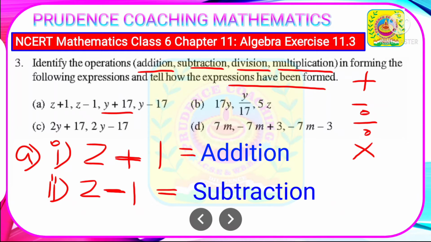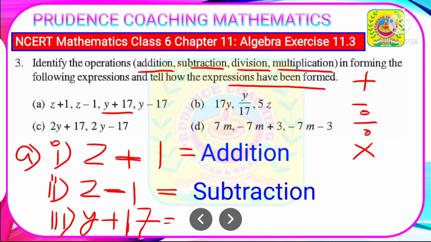Next one, y plus 17. So number 3 is y plus 17. Now tell me which operator is being used here. Here variable y is there and the number or constant 17 is there.